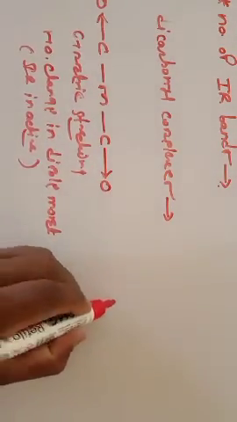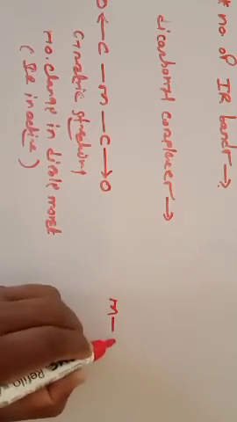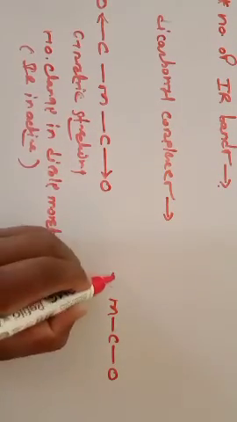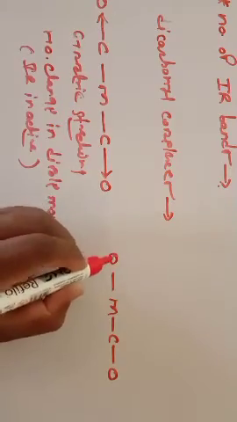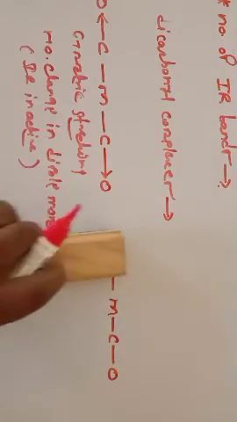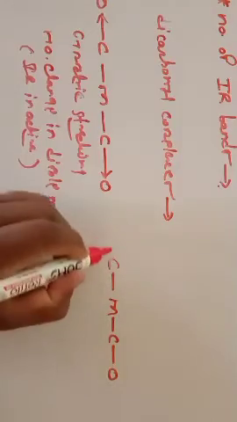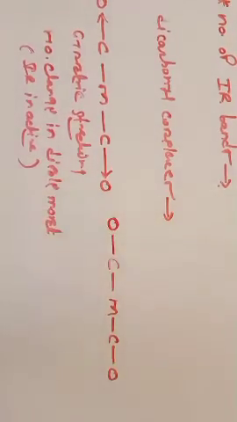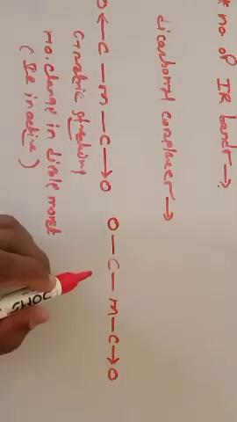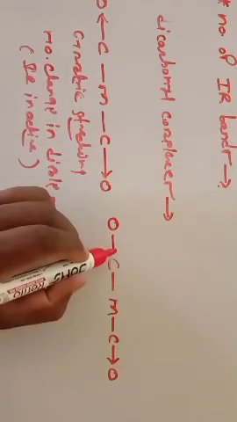I will draw it. This is metal, this is carbon, this is oxygen, this is oxygen, this is your carbon, and this is your oxygen. So if this carbon oxygen bond gets stretched, then this oxygen carbon bond.